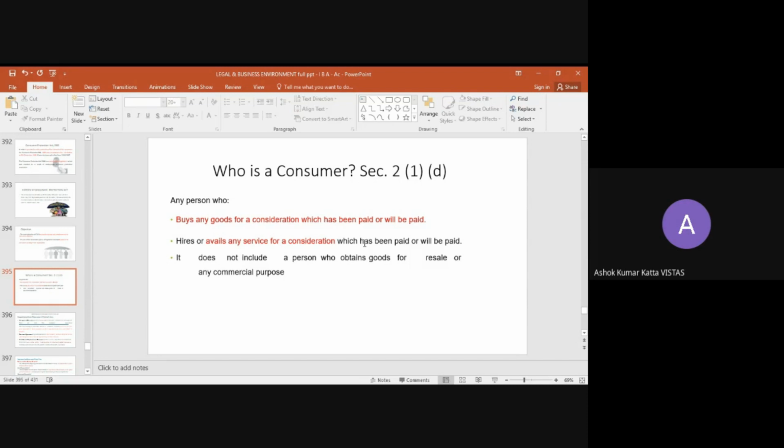Here they mention very clearly that the person who is buying the product to sell to somebody, or to give to someone, in those situations will never be called a consumer, because you have to buy and use it.